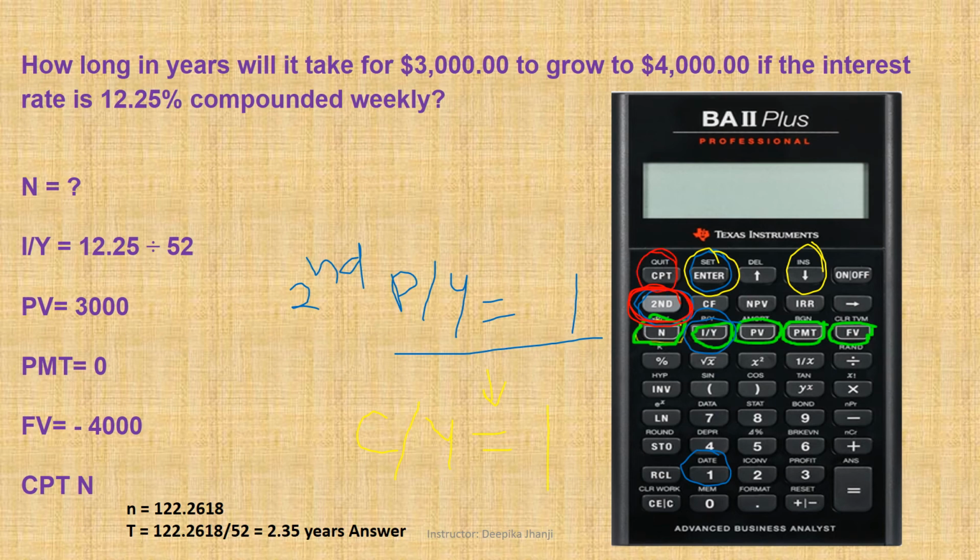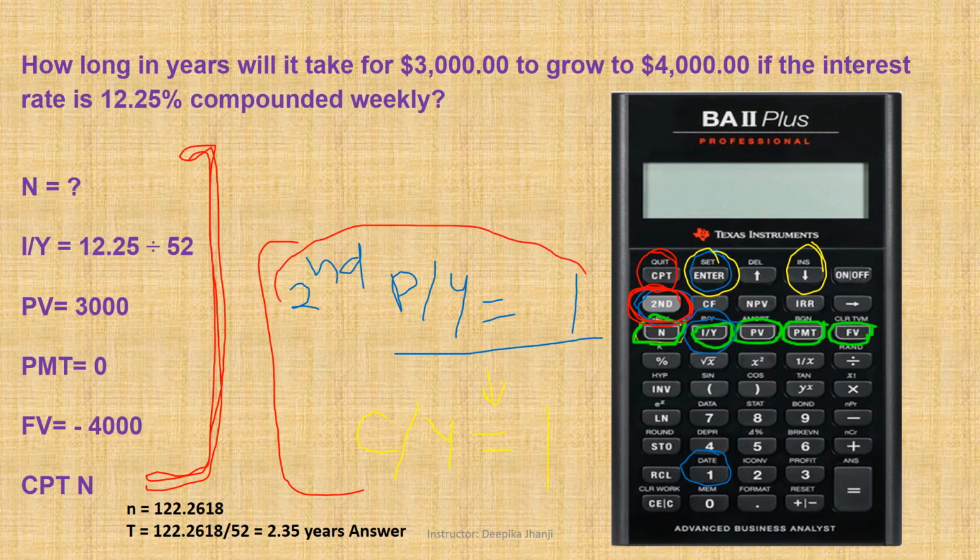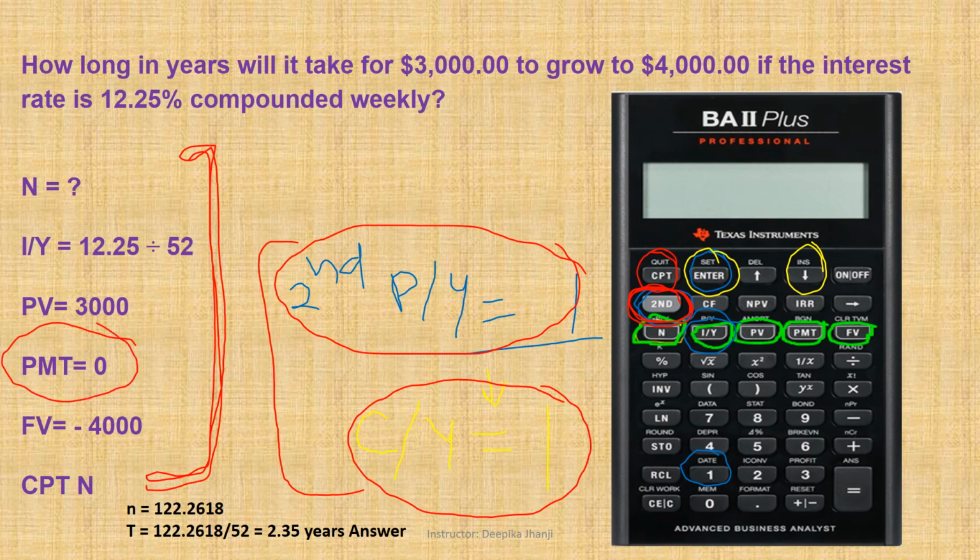This will clear your screen, but these steps will set PY and CY equal to 1. This you have to confirm in each question of compound interest before proceeding for calculating any of the variable. So in each question, please set PY equal to 1, CY equal to 1 and PMT equal to 0.